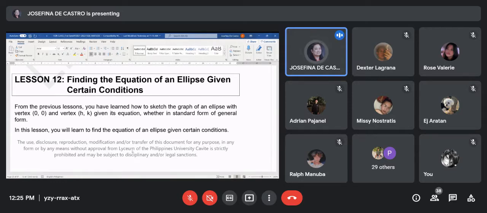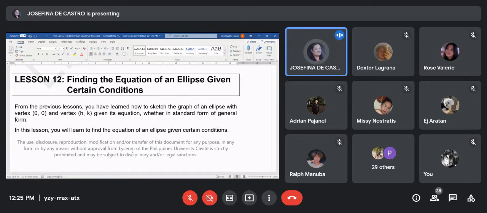Okay? So, from the parts, ano-ano yung parts uli? Recall natin yung parts of the ellipse. You have the center, you have the foci, you have the vertices. Vertices are the endpoints of the major axis. Then you have the co-vertices, the endpoints of the minor axis.